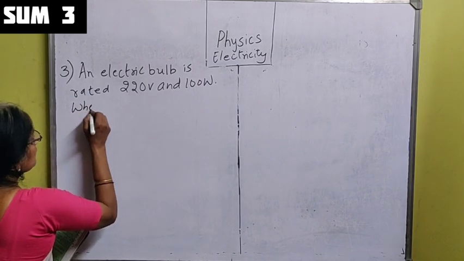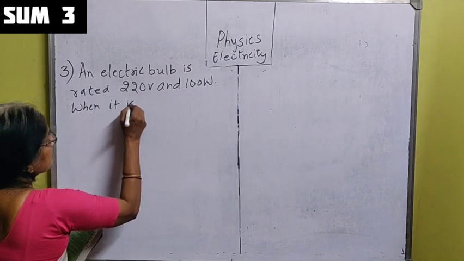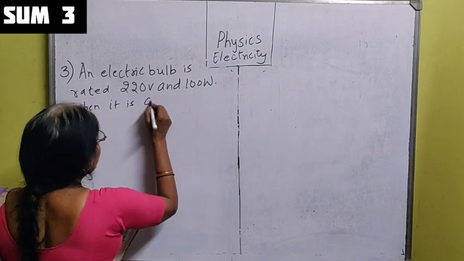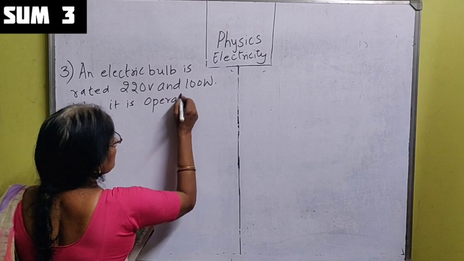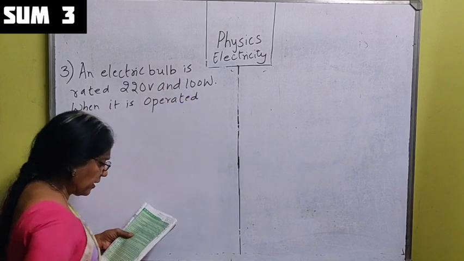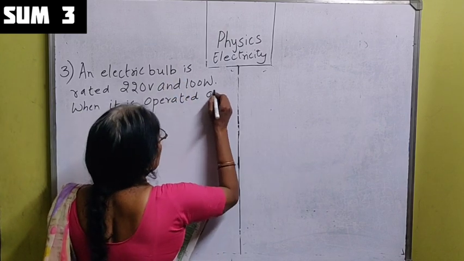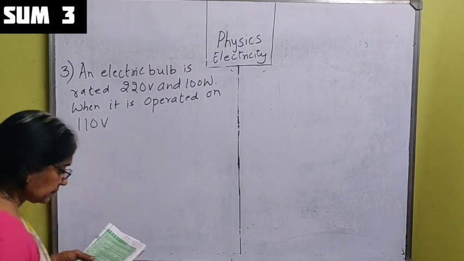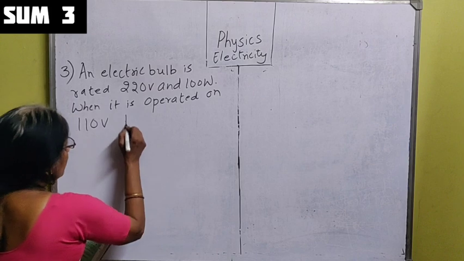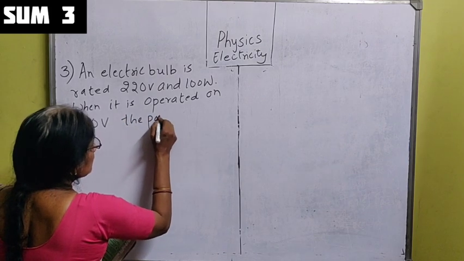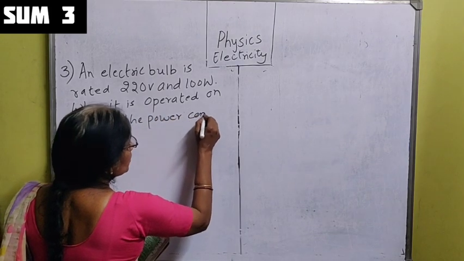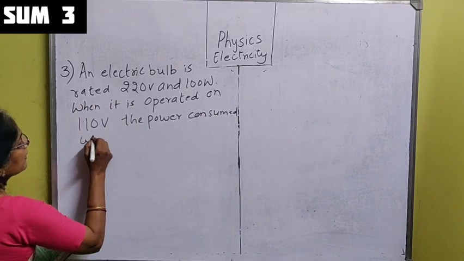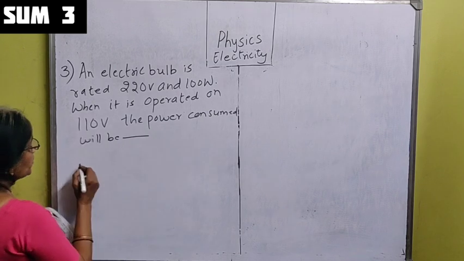When it is operated on 110 volts, the power consumed will be dash.